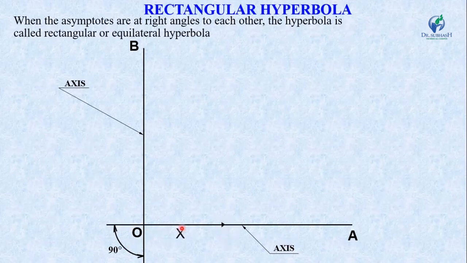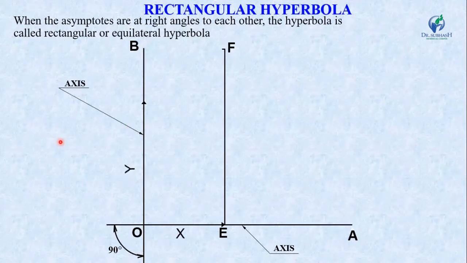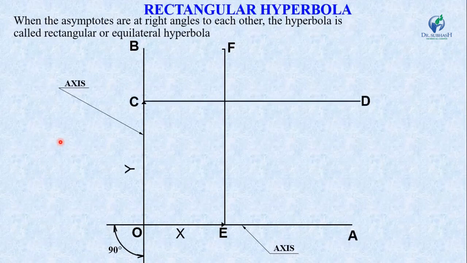This is the asymptote x. Mark a point E at distance x, and draw a vertical line EF which is parallel to OB. Now similarly, mark a point on this line OB at a distance of y, and this point is C. From point C, draw a horizontal line CD, and these two are the asymptotes x and y as per the given data.